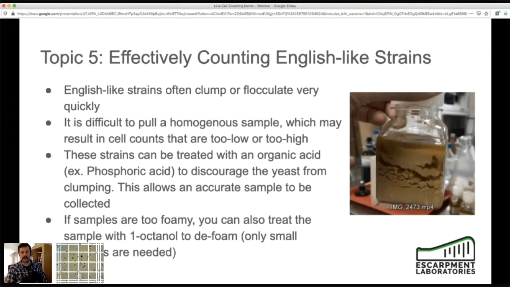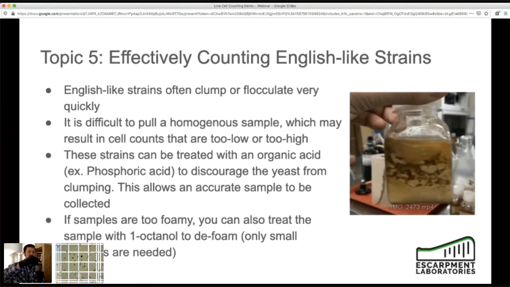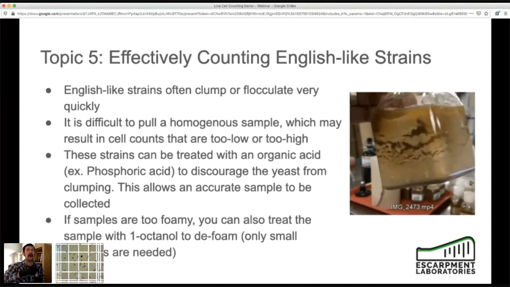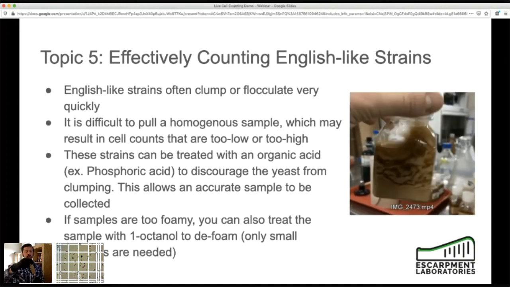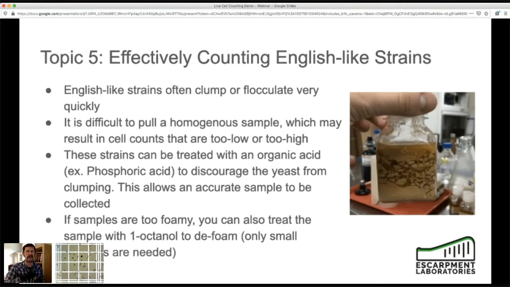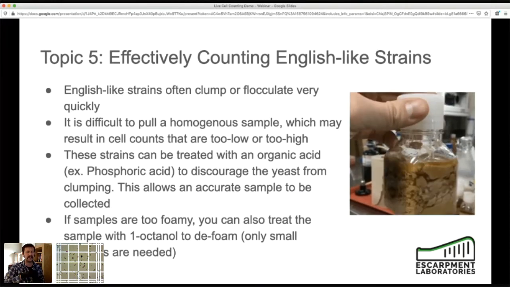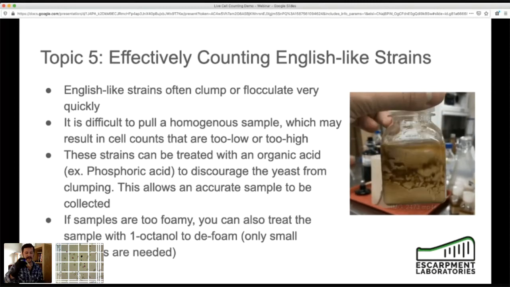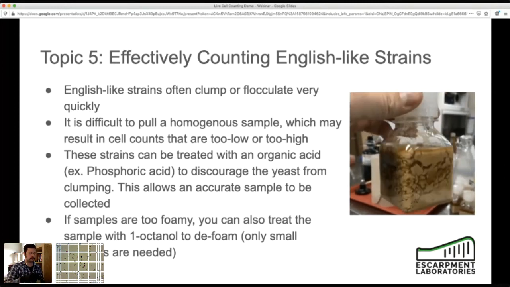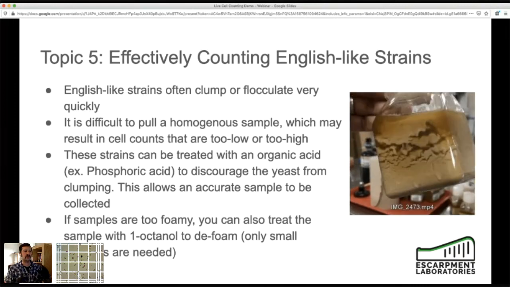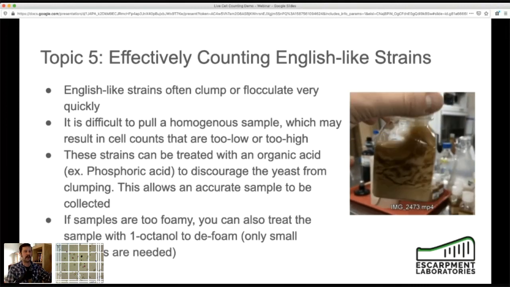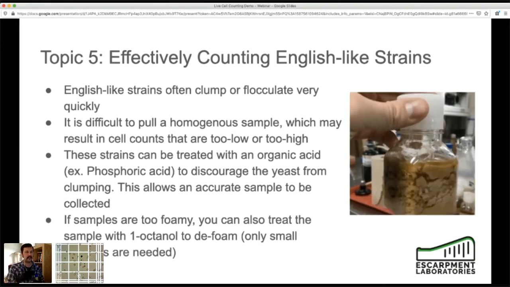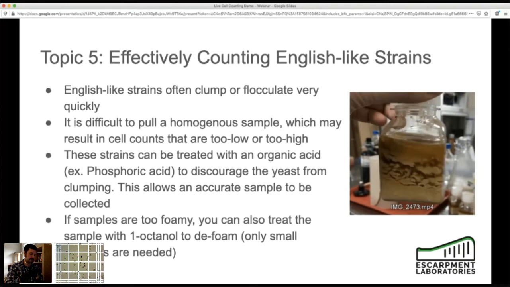But again, something to remember is this is killing the yeast, so you don't want to use a lot of it. I think for 500 microliters of Foggy or English or whatever, we add 3 microliters of phos, and if you work fast enough, that is good enough to get you yeast that you aren't completely hosing, so that you don't get a bad sample or artificially elevated death rates.